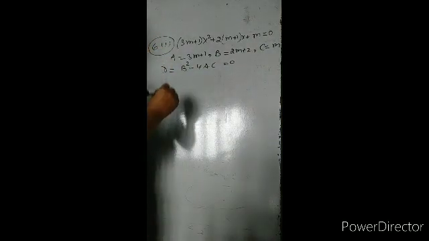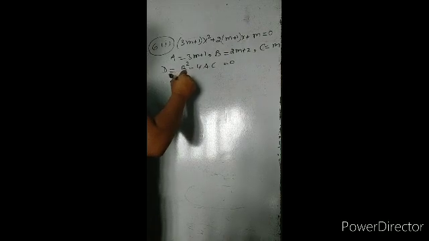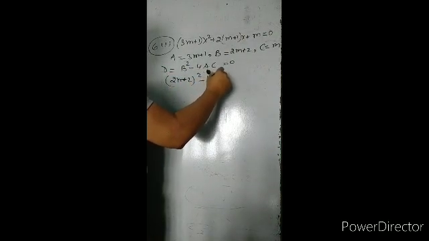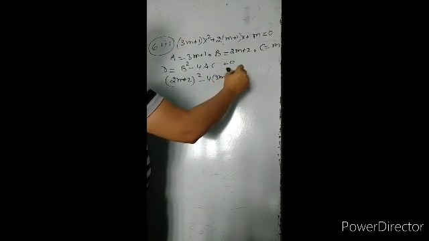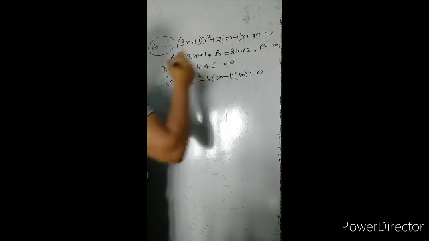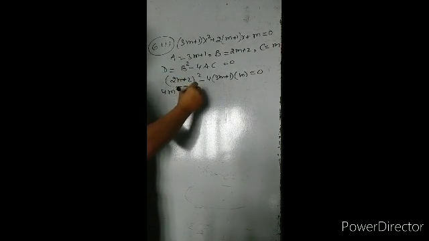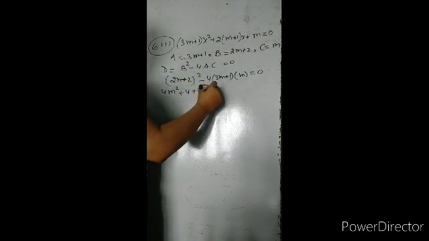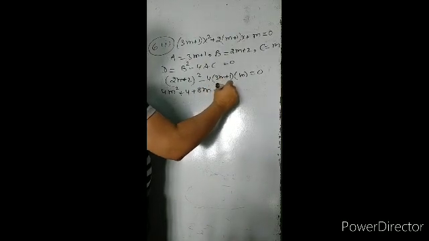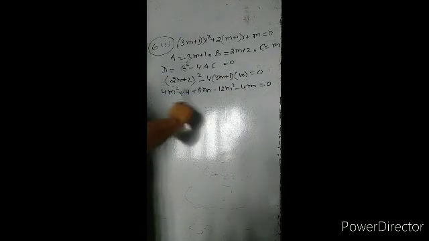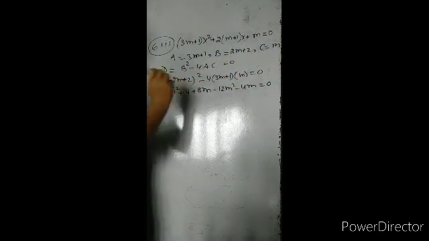Now substitute: (2m plus 2) whole square minus 4 into (3m plus 1), that is a, and c is m, equals 0. So it is 4m square plus 4 plus 8m minus 12m square minus 4m equals 0, expanding each and every term.